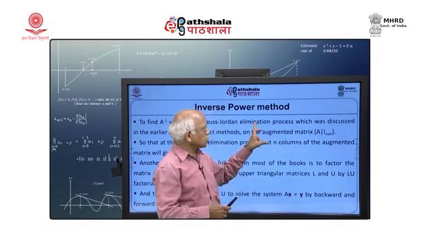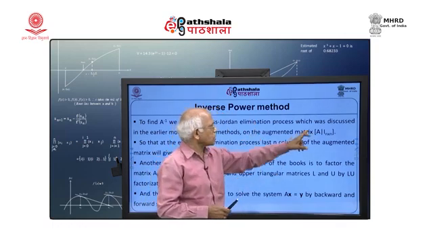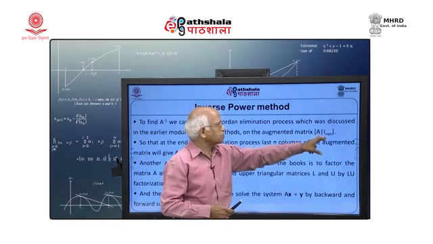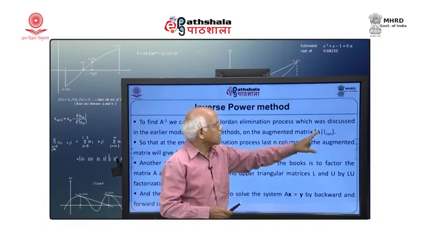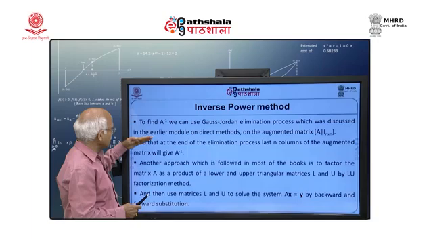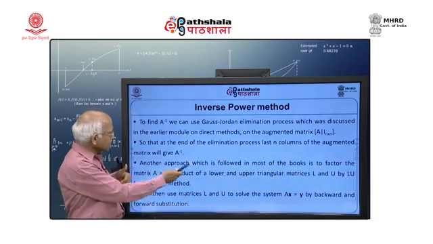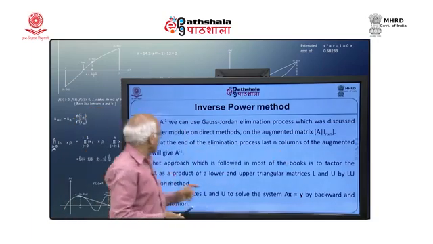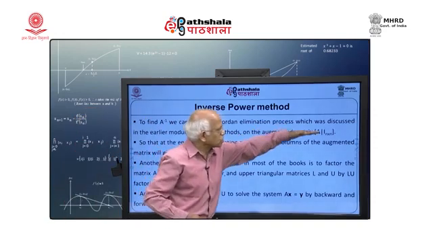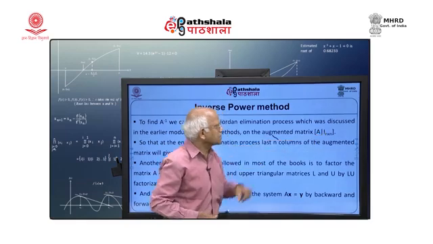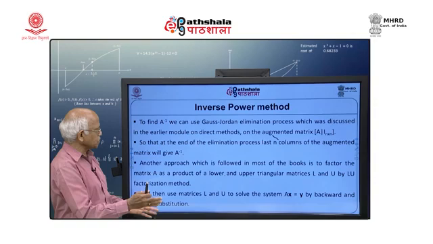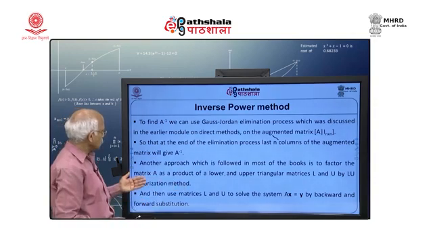When solving a system of equations, we take the augmented matrix with A and B bar, the right hand side vector, but here, in order to find the inverse, I write I n cross n. At the end of the elimination process, the last n columns of the augmented matrix give me A inverse. Whatever matrix is left in the last n columns is A inverse.